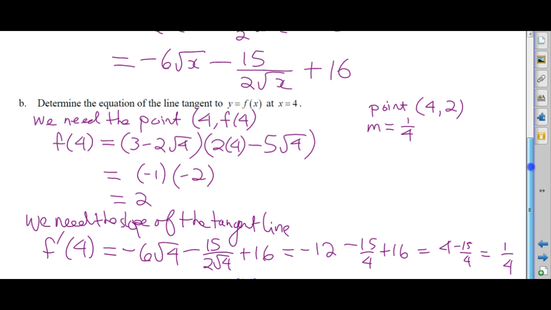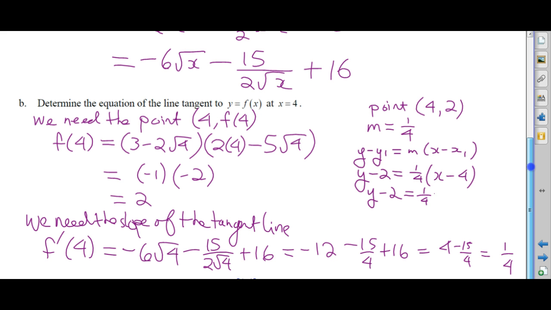And then your favorite way of, I mean, point slope. Y minus y1 is m times x minus x1. Y minus 2 is 1 quarter, x minus 4. Y minus 2 is a quarter x minus 1. So y equals 1 quarter x plus 1. Okay, so multiply through by 4.